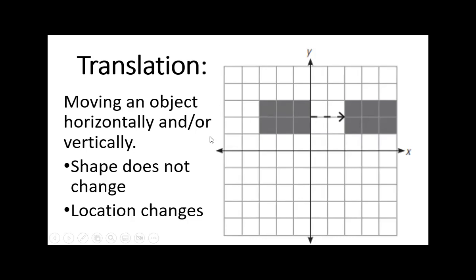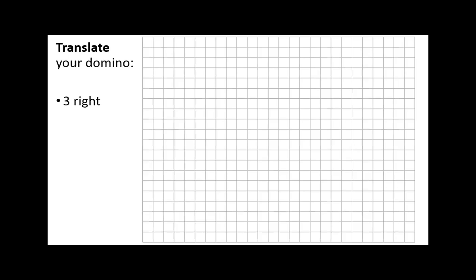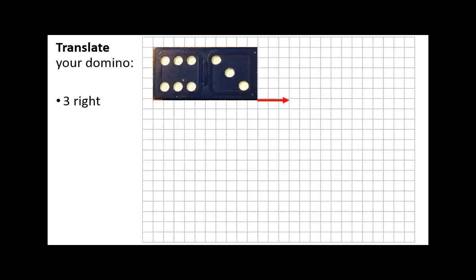You're going to need your domino and your grid paper. I want you to take your domino and lay it flat, like you can see there. It can be any way you want, going up and down or left and right. It doesn't really matter.